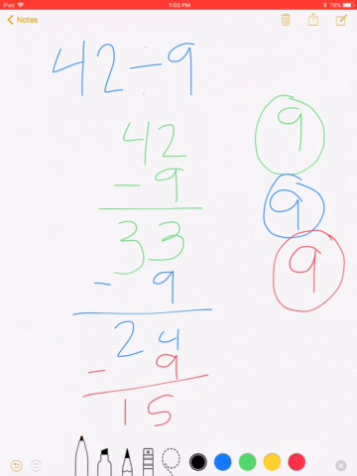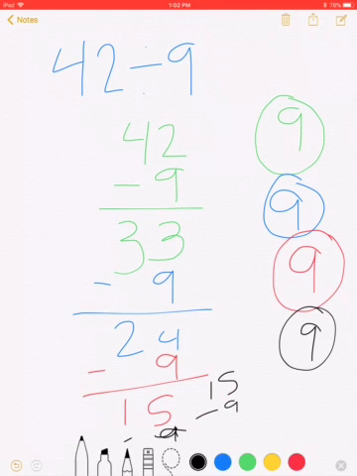So 15 starbursts, I still have enough to make one more group of 9. I subtract 9. So 15 subtract 9 is 6. I have 6 starbursts left, so I don't have enough to make another group of 9, but I can look here and see that I have 4 groups of 9 with a remainder of 6.